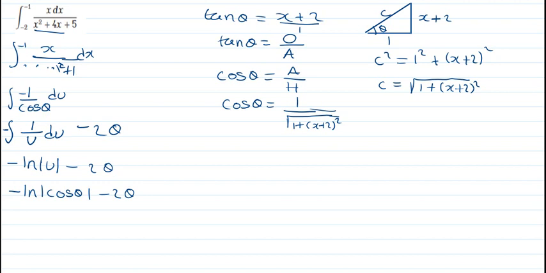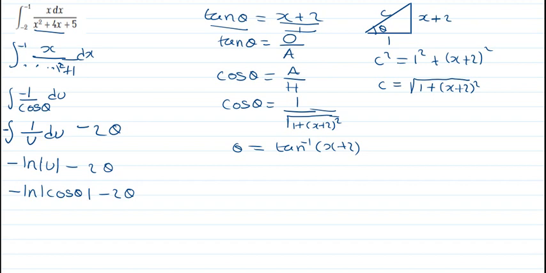With this, we can replace in our integral. Or before we do that, we can also find the value for theta. So we said tan theta is equal to this part, meaning that we can take the inverse of this function. So we're going to have theta equal to tan inverse of x plus 2. Now with this information, we can put it in our function.